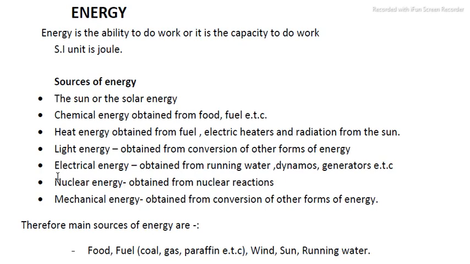We have light energy that is obtained from conversion of other forms of energy. We can convert other forms of energy to light by help of some devices. We also have electric energy that is obtained from running water, dynamos, and generators.